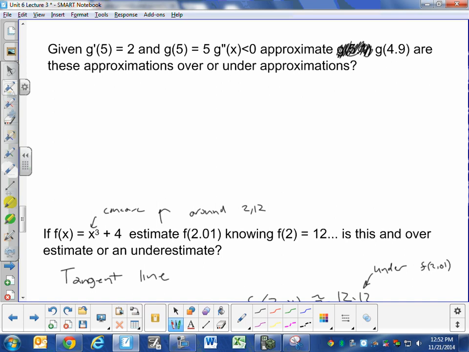Another question. I'm just not even going to give you the equation. I'm just going to give you information about g. Now there's just points. This is 3. I want you to find the approximation for g of 4.9, and I want you to tell me if this approximation is an over or under approximation.